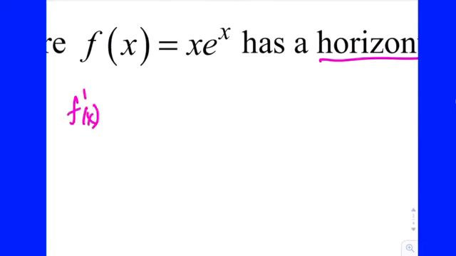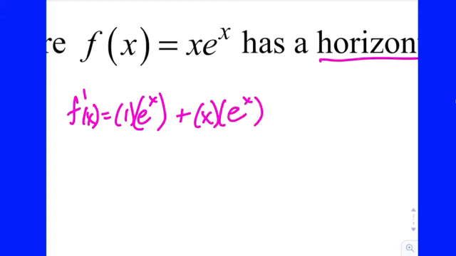We'll use the product rule. So it's going to be 1 times e to the x plus x times the derivative of e to the x, which is itself, e to the x. And now we set it equal to 0. Once something equals 0, we attempt to solve it, first and foremost, by what method?